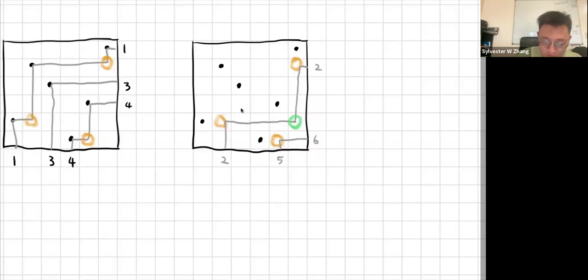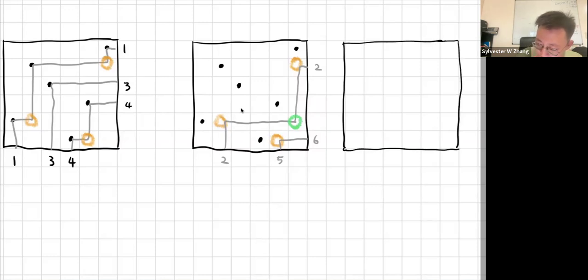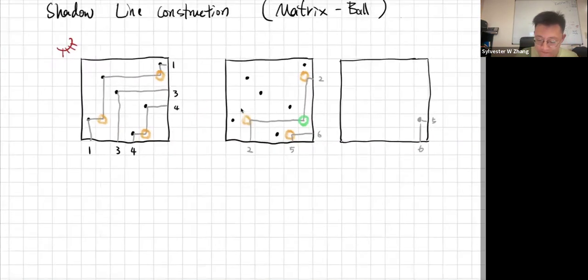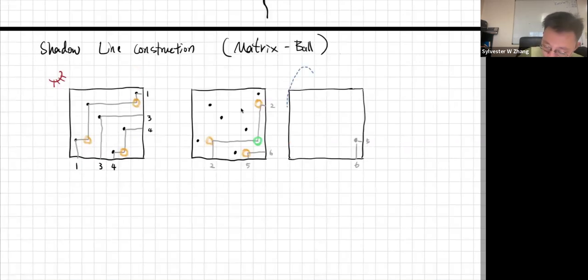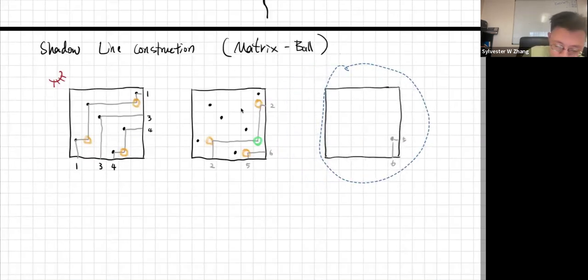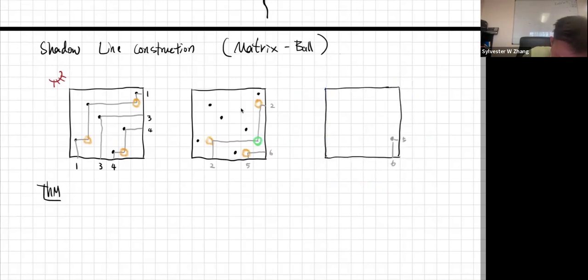And you get a new dot, which is here. So the last step, you only have one shadow line, and you get 6 and 5. So Viennot proved that these numbers are the two tableaux that you get from the RS in the following way.